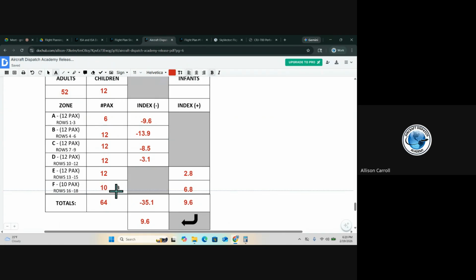So loading it from the back to the front, I just loaded the max amount of passengers in each zone until I needed to change the number to equal out to 64. So 10 in zone F, 12, 12, 12, 12. There was 48 and then 58. And I just needed 6 more passengers to equal 64.